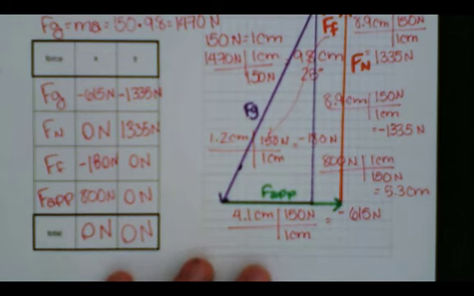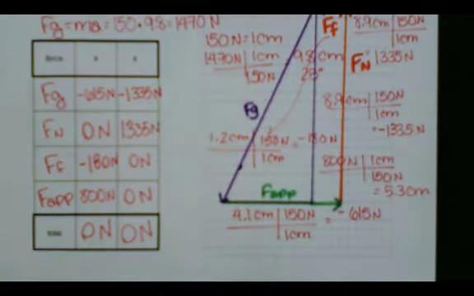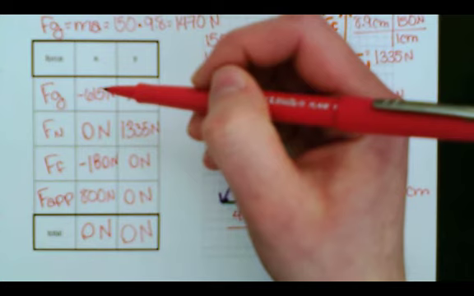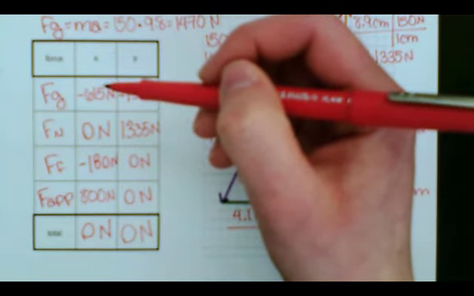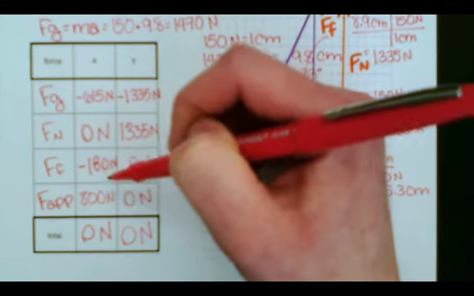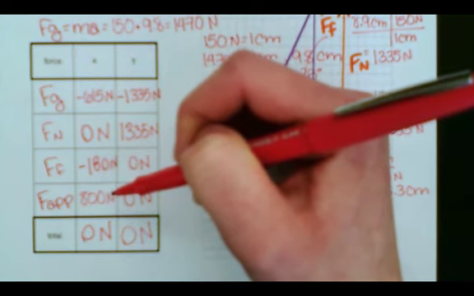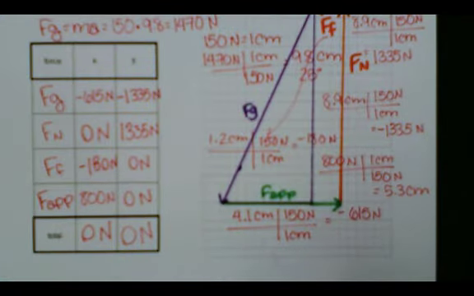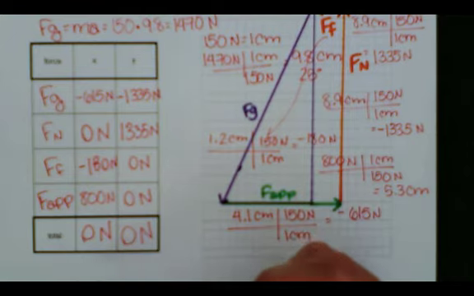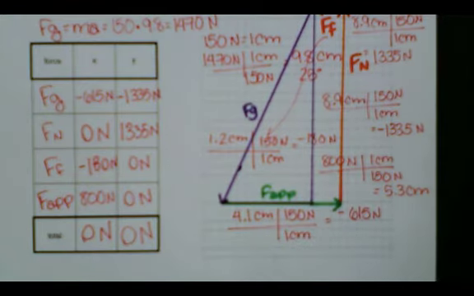I can now verify that I've done everything correct by double checking my table. Let's start in the x direction. Negative 615 plus 0 plus negative 180 plus 800 equals 5 newtons. 5 newtons is a very small difference, and that is due to errors in my measurements.